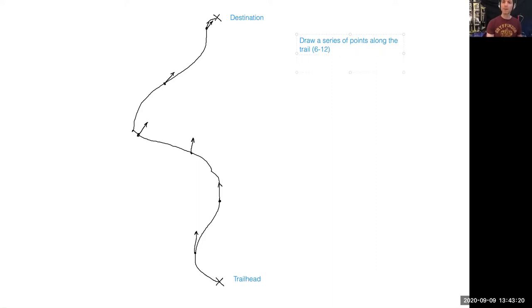After that, for each one of those points, I want to draw an arrow pointing directly upslope, in this case, toward the destination.